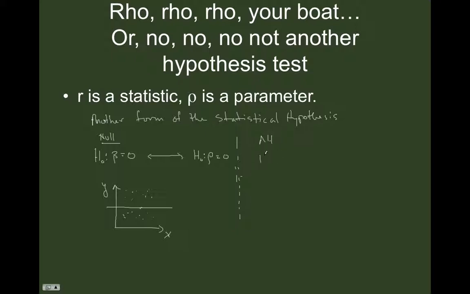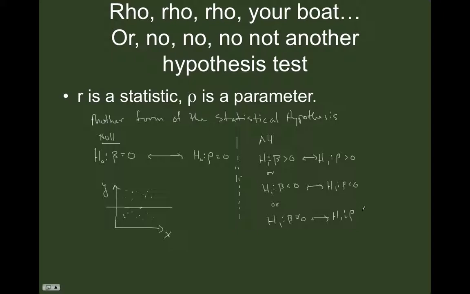In the alternate for beta, we had beta greater than 0, or beta less than 0, or beta not equal to 0. And notice each of these can also be looked at in terms of rho instead of beta. So the alternate here could be rho greater than 0, rho less than 0, or rho not equal to 0.